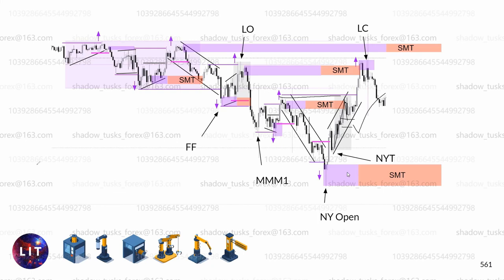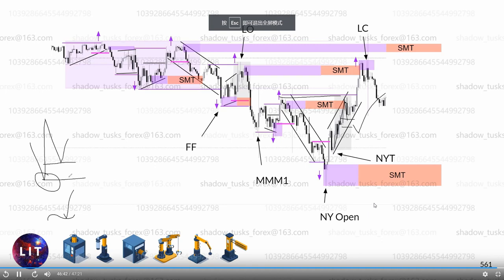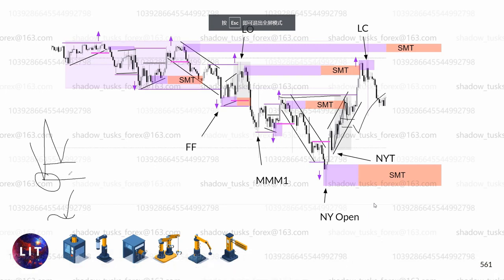You want your trap slash inducement to form, so that's where everyone's been trapped. This comes down, ideally you've got your mitigation. That is also a LET. Yeah, that is also a LET. That would be ideal.